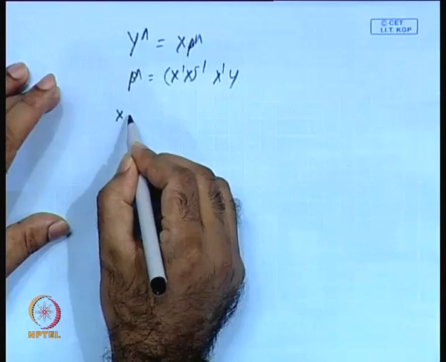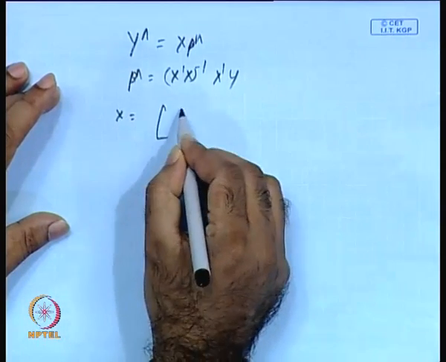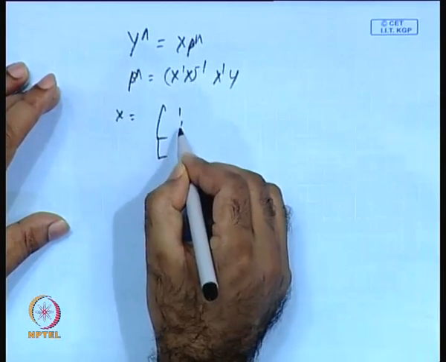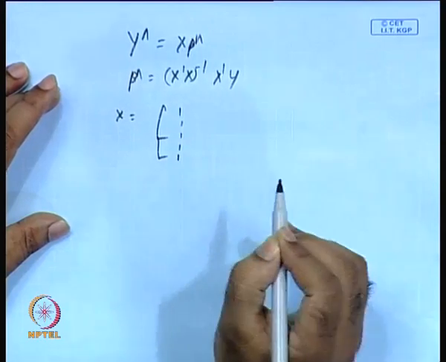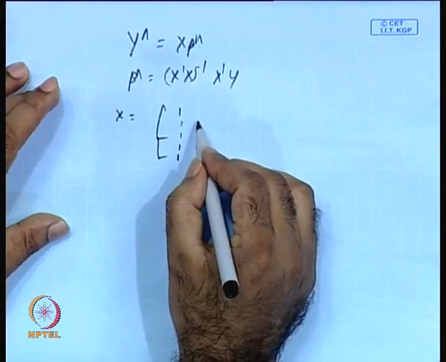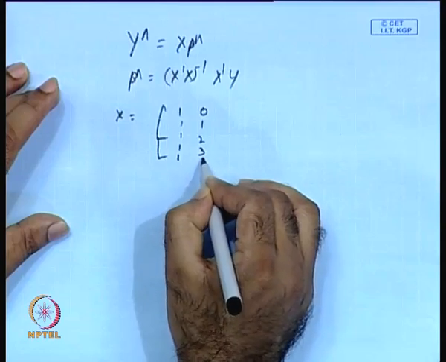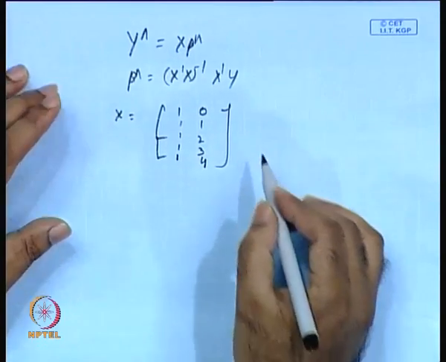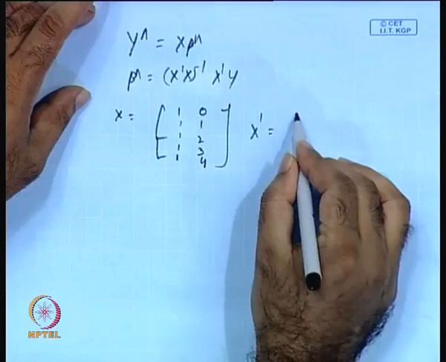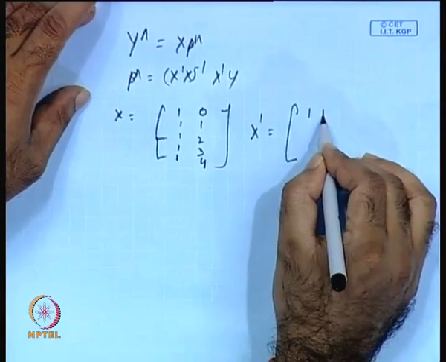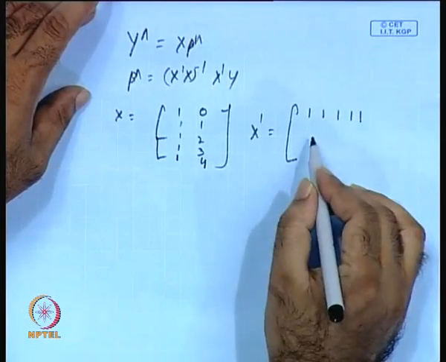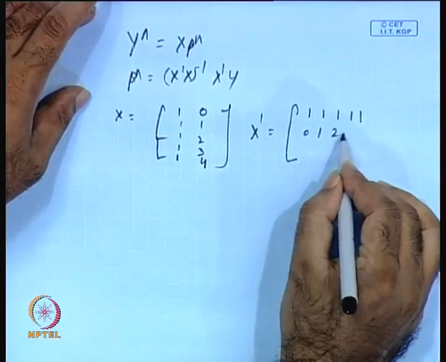Now we have x here. So x is simply 1, 1, 1, 1, 1, so five ones, then 0, 1, 2, 3, 4. This is x. Then x transpose equal to 1, 1, 1, 1, 1, then 0, 1, 2, 3, 4.